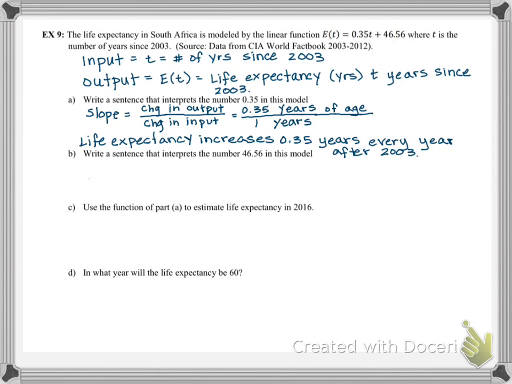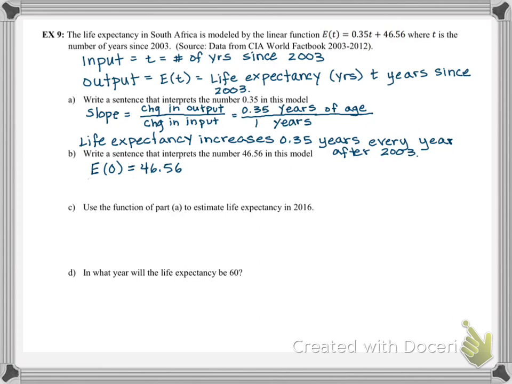Okay, what about that 46.56? What does that represent in my linear equation? So just in terms of the equation. That was the life expectancy in 2003? Right, so that 46.56 is my y-intercept, right? So I know that it corresponds to an input of 0. So I can say E of 0 equals 46.56.